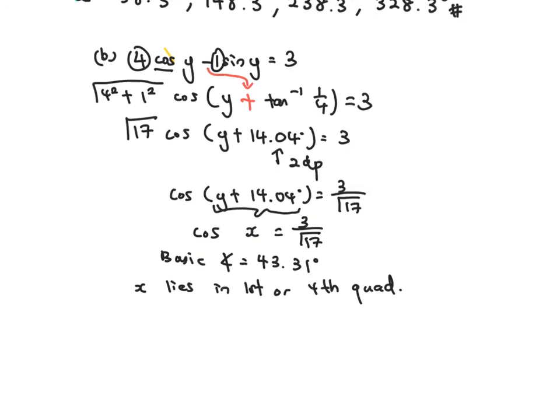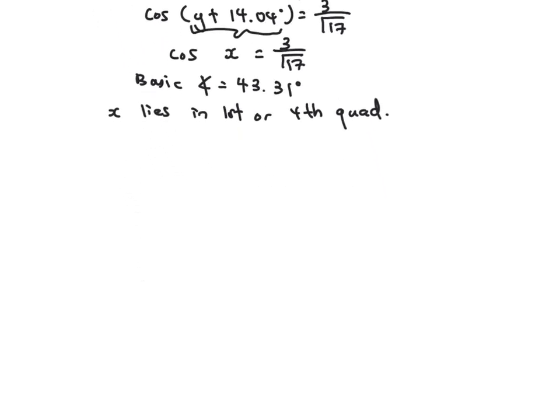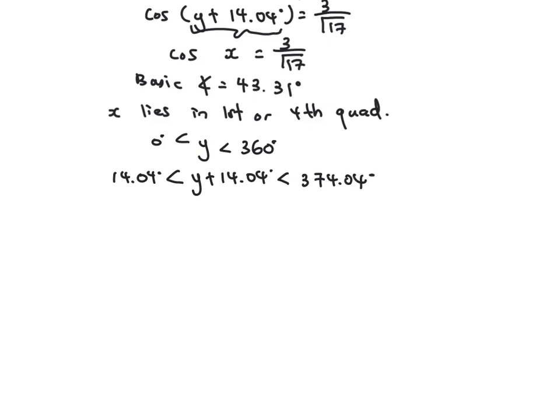Before generating the values of x, I need to work out the new range of x. So y lies between 0 and 360. If you add 14.04, you get 14.04 degrees and 374.04 degrees. So this is the range of values of x. So x lying in the first quadrant will be 43.31 degrees, and in the fourth quadrant will be 316.69 degrees.